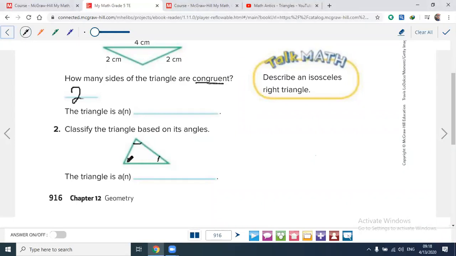Number 2. Classify the triangle based on its angles. Which type of angle is this? Acute, right, or obtuse? This small angle would be what? Acute, right? Here, the second one is what? Acute or right?